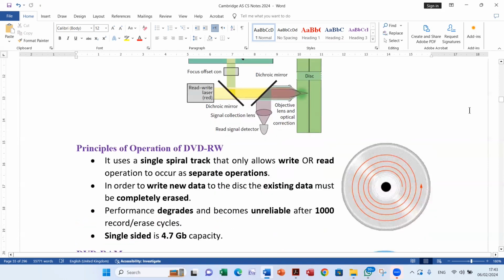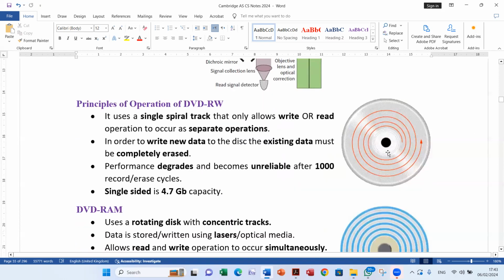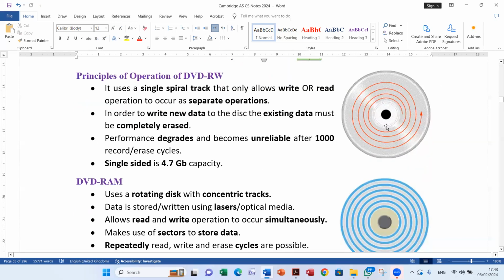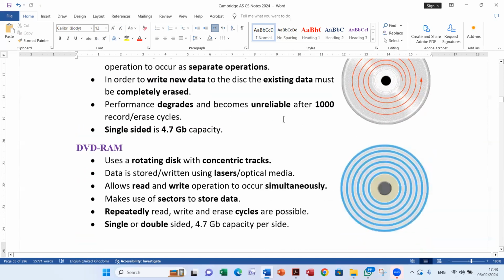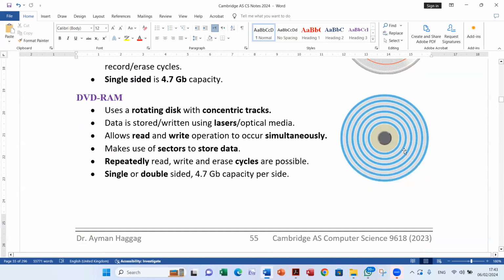You use a single spiral track. Anyone who has studied O-level computer science or even ICT is familiar with this. You have here a single spiral track for CD or DVD. However, DVD-RAM uses concentric tracks to allow reading and writing to be performed together at the same time.